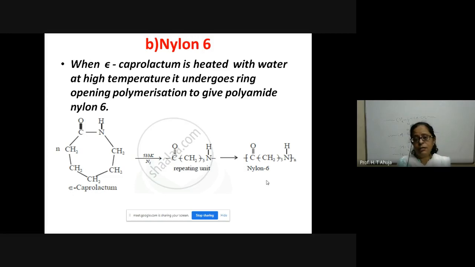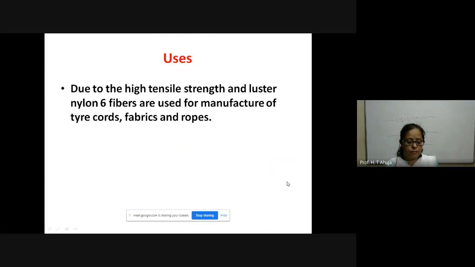The number 6 is given because there are 6 carbon atoms. You can count the number of carbon atoms over here: 1, 2, 3, 4, 5, and 6. This carbon is also counted. So there are 6 carbon atoms in this monomer, so we call it nylon 6.